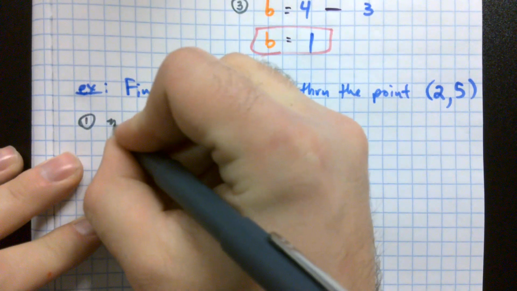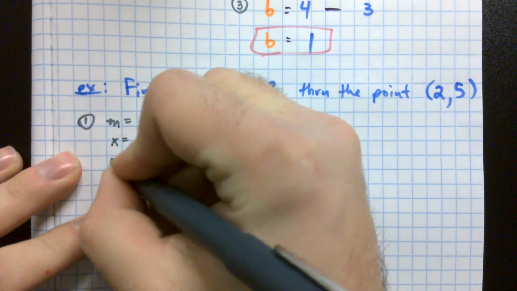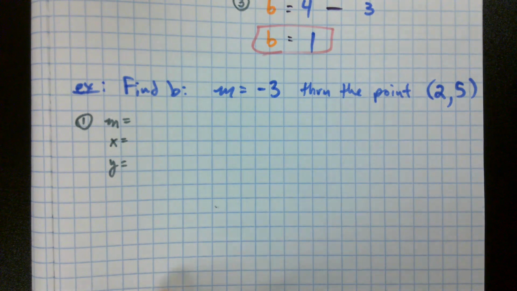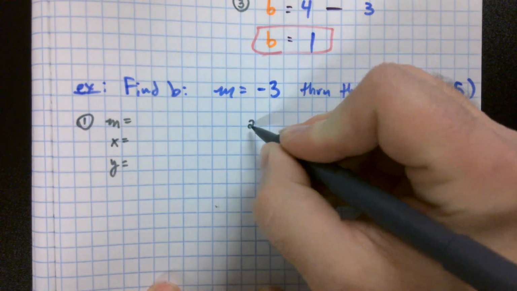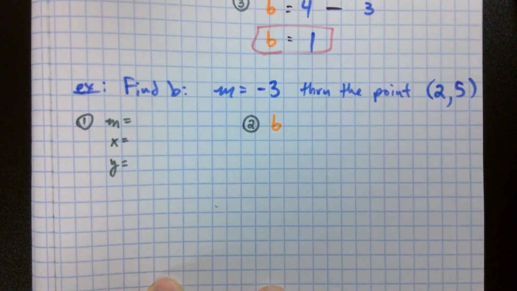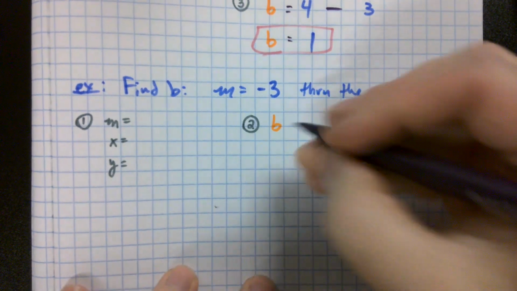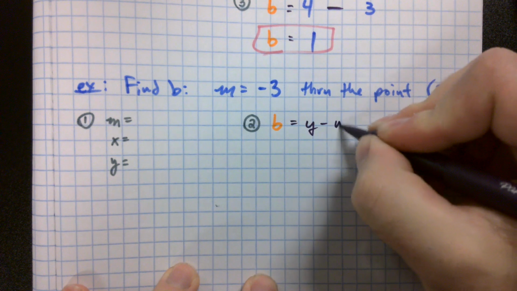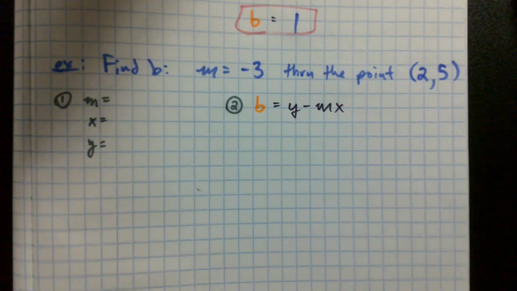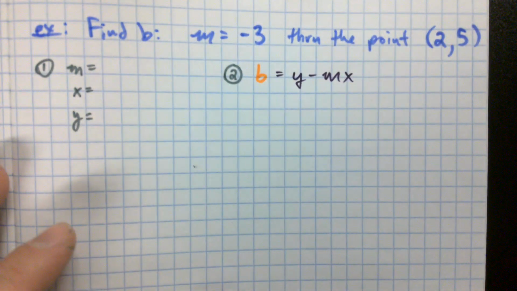First, we got to identify our m, our x, and our y. We're going to plug those 3 numbers in to b is equal to y minus mx.